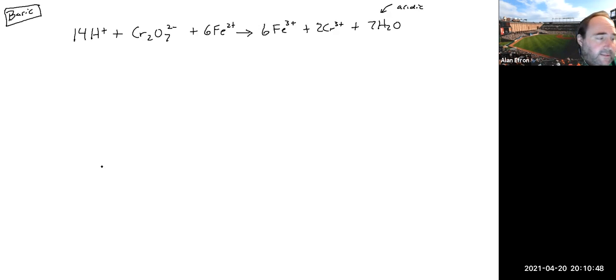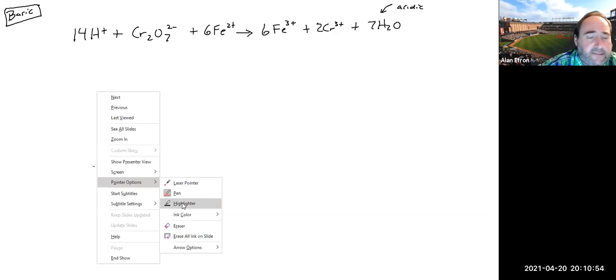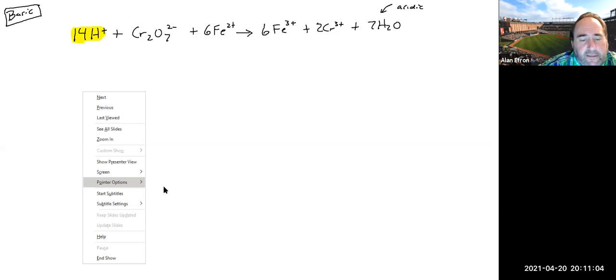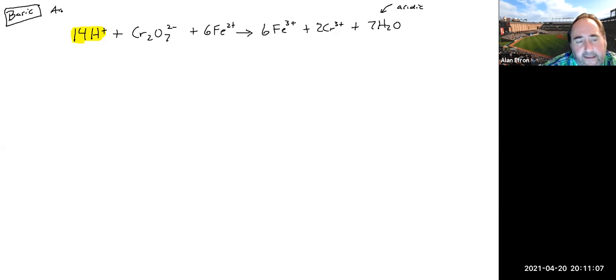So what do we do to turn it into basic? If you remember, what we do is we actually add hydroxide to each side equal to the number of H pluses that we have. So in this particular case, we're going to add hydroxide to both sides.